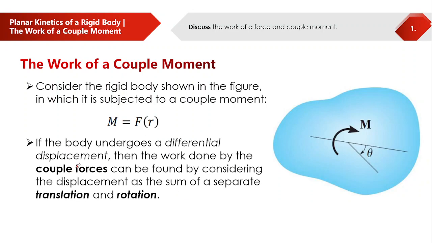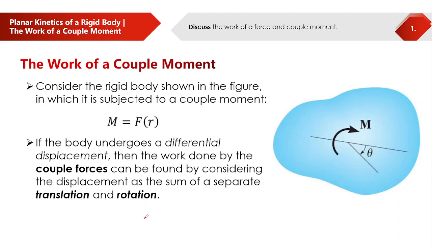So if the body undergoes a differential displacement, then the work done by the couple forces can be found by considering the displacement as the sum of a separate translation and rotation. So kung yung body mo is nag-undergo ng differential displacement, then yung work done by the couple forces can be found considering yung displacement as sum of a separate translation tsaka rotation.